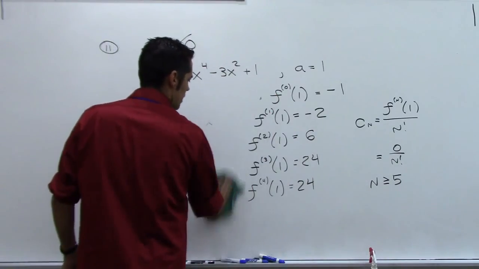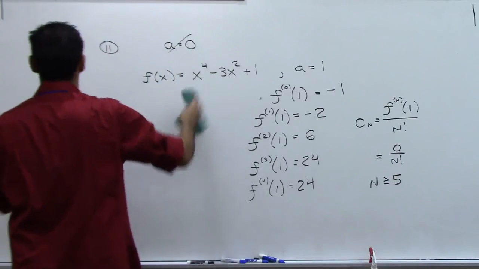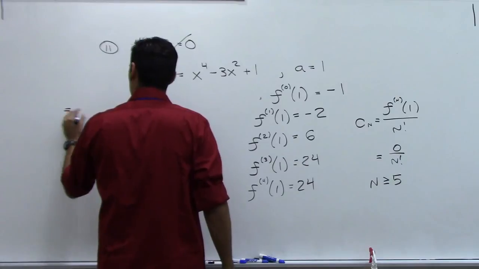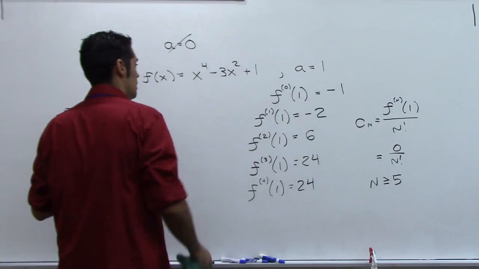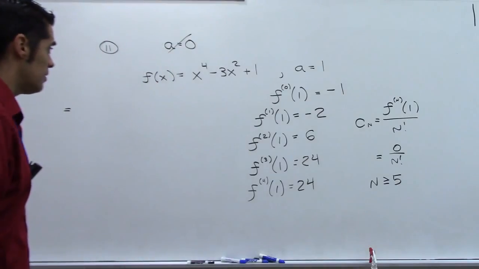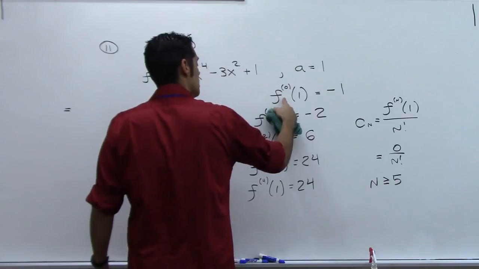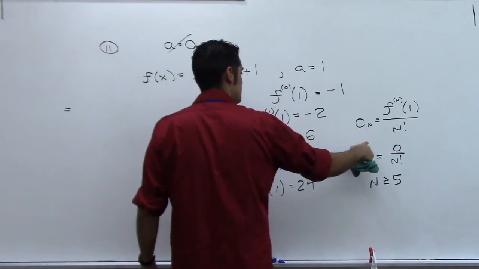So it's time for me to write out my power series. This function can be written as, c sub 0, right?